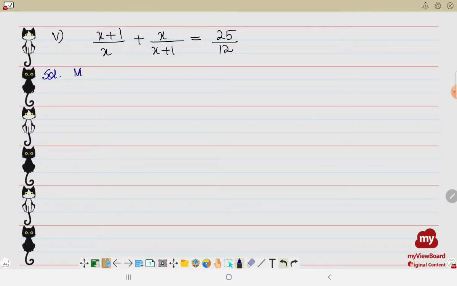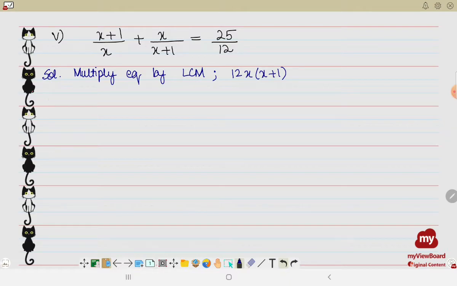So we multiply the equation by the LCM. Here the LCM is 12 into x into x plus 1. We'll write the number first: 12 into x plus 1. This is the LCM. We'll multiply the whole equation by this LCM.